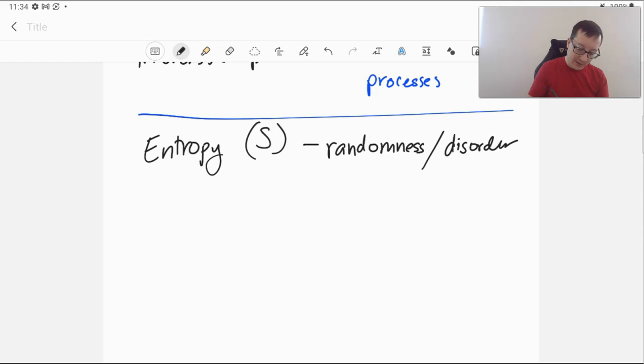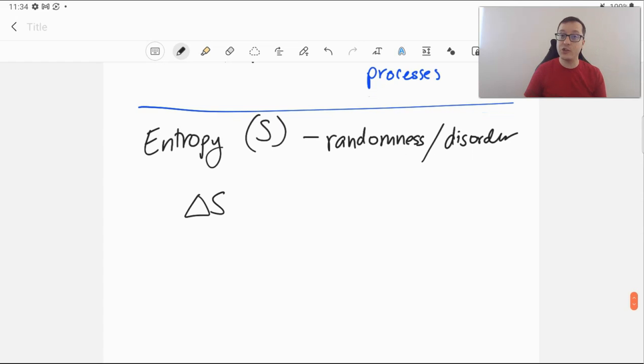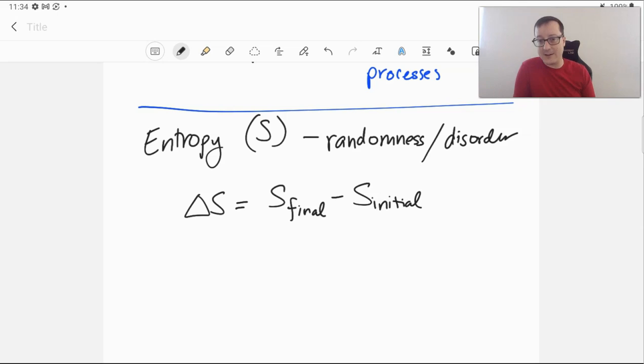We can evaluate delta S, the change in entropy for a process, as the final state of entropy minus the initial state. Of course, this is not terribly easy to do. Measuring entropy is not really something we can do directly. And so we can define it in terms of things we can measure directly.